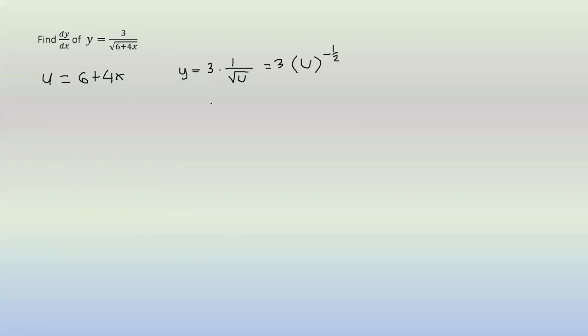Then dy/du equals negative half times 3, negative 3 half, u to the power negative half minus 1, negative 3 half.